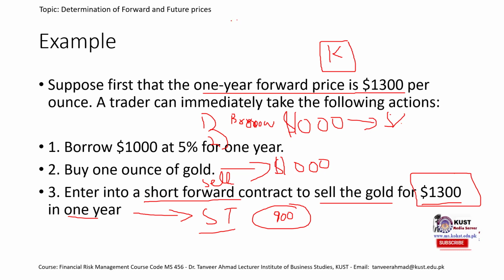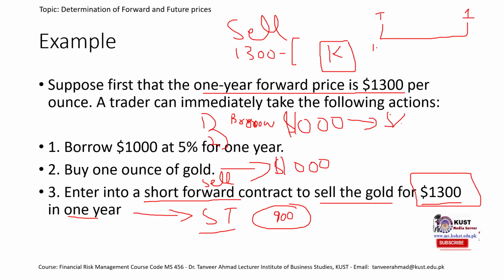So his selling price would be 1,300, right? Okay, what is his buying price? He is buying this gold at $1,000. So if I draw the timeline, this is today, this is after 1 year.